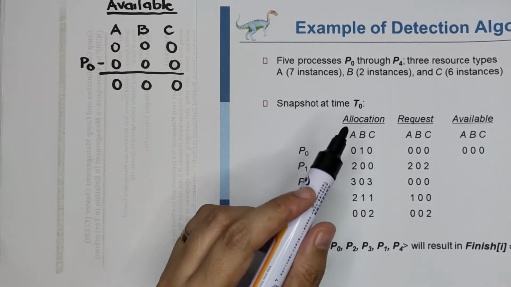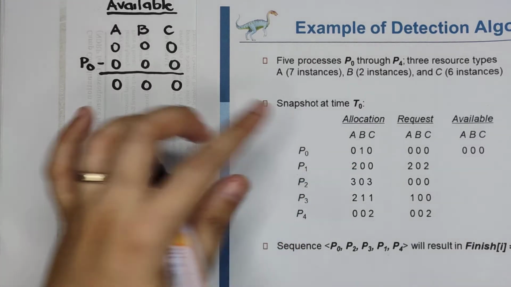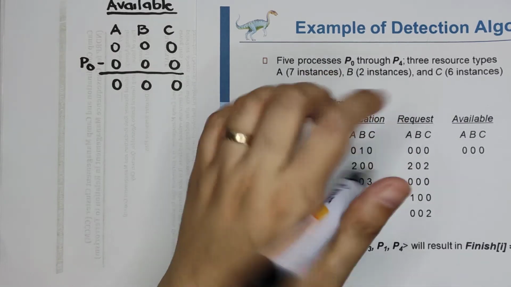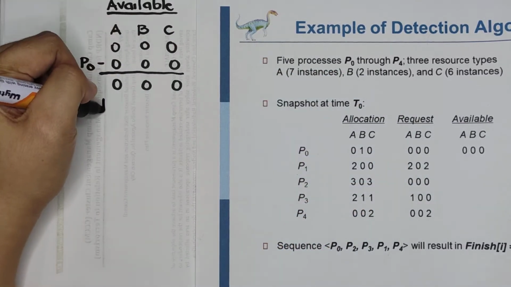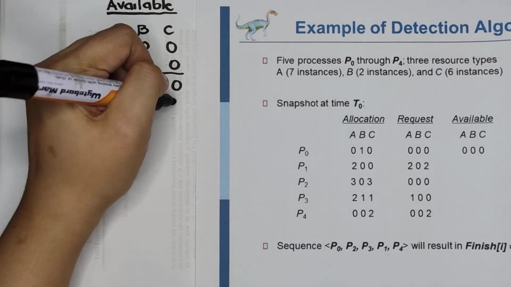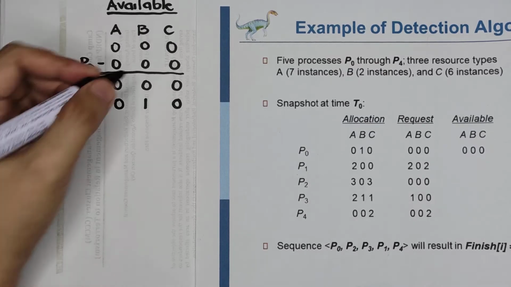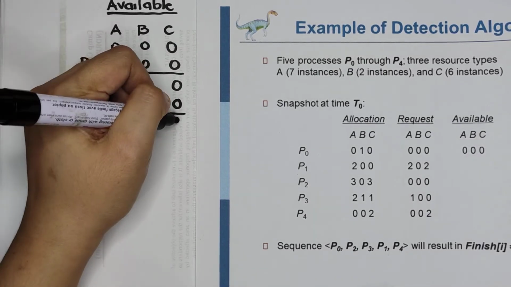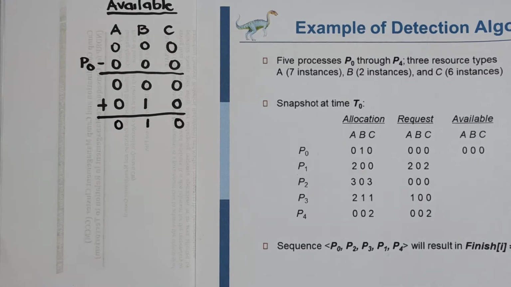You should add allocation plus request. For the banker's algorithm, it is equivalent to max. Our request, of course, is all 0, and our allocation is 0, 1, 0. So you have to return 0, 1, 0, then add. So we have 0, 1, 0. We're already finished with P sub 0.